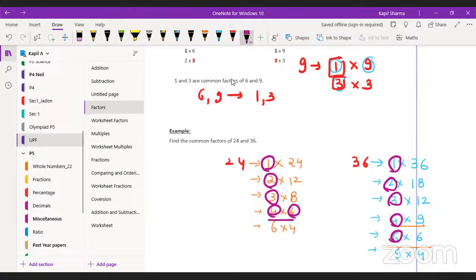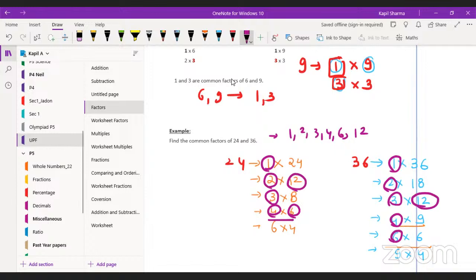Revat, Devika. Are there any other common factors? 12, yeah. Okay, Swastik, you missed 12. So 1, 2, 3, 4, 6, and 12.